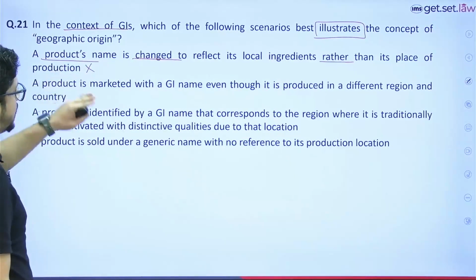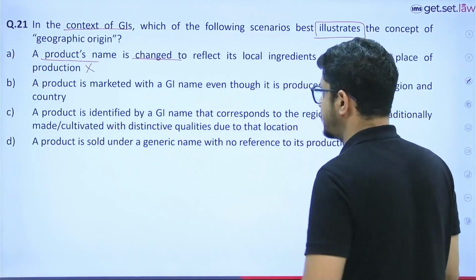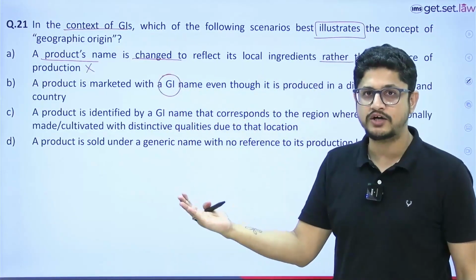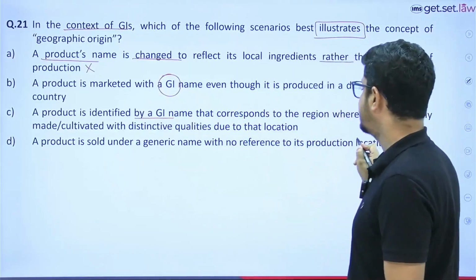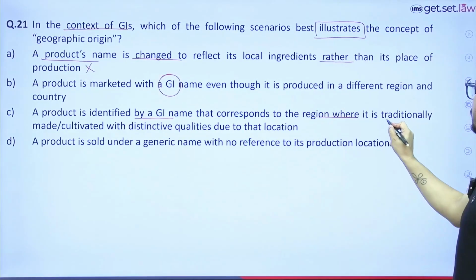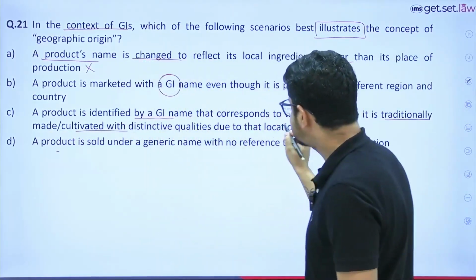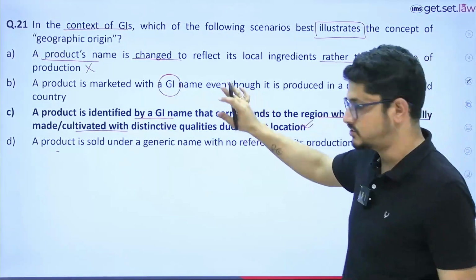A product is marketed with a GI name even though it is produced in a different region and country. No, you can't use a GI name. That is where the law protects. So this is wrong. A product is identified by a GI name that corresponds to the region where it is traditionally made, cultivated with distinctive qualities due to that location, makes it a comprehensive option, which is altogether right.